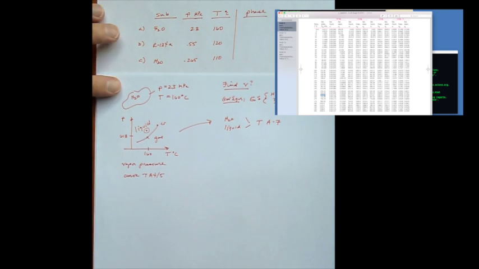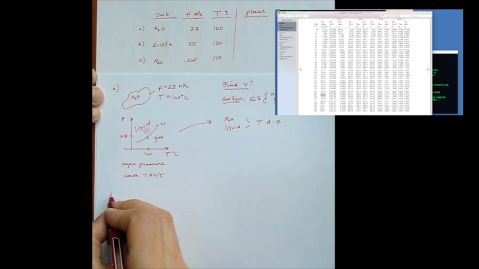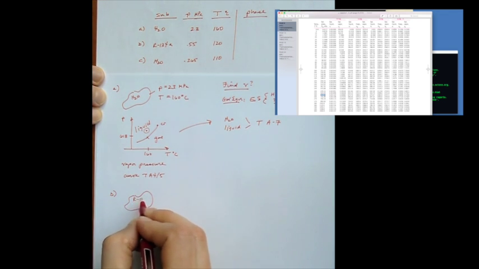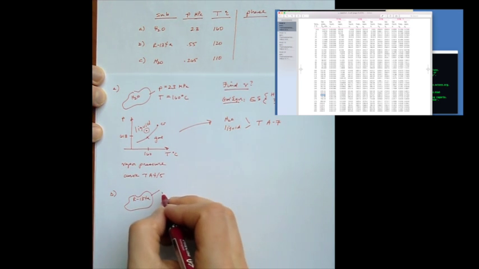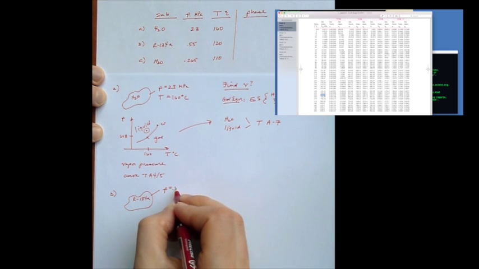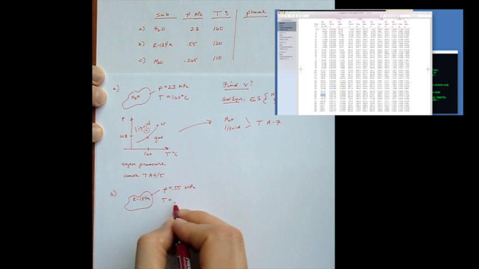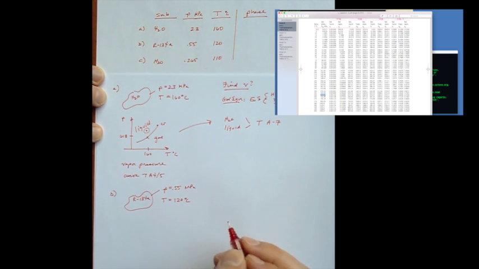Let's go ahead and look at this one here, B, R134A. For R134A, I still don't know the phase, but I know that the pressure is 0.55 megapascals and that the temperature is given to me as 120 degrees centigrade.